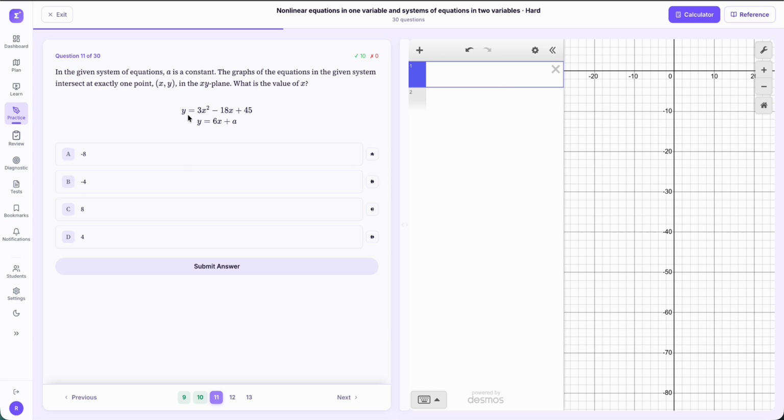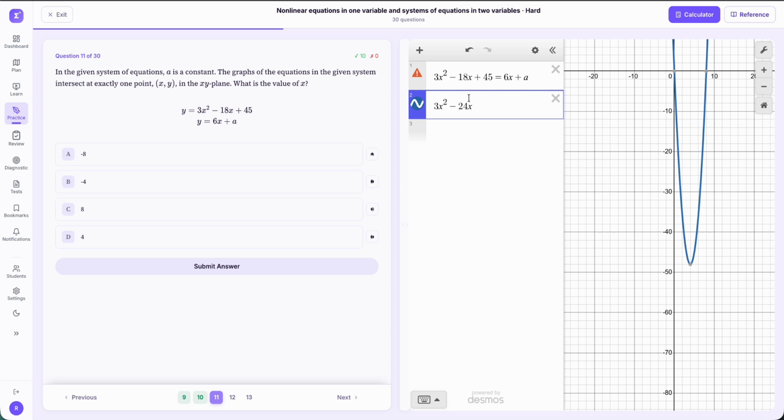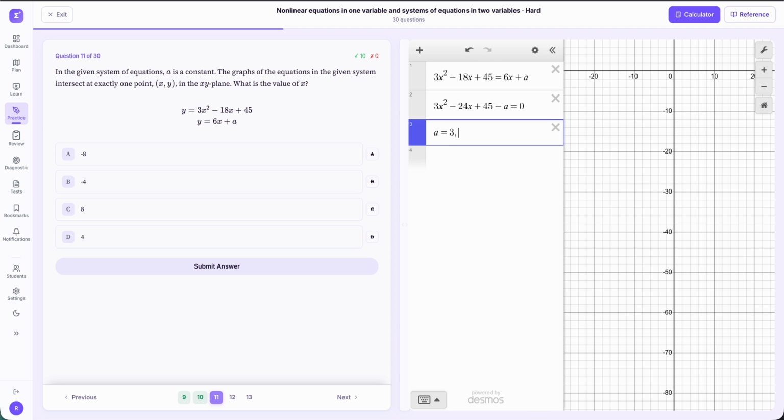Because it's a system, you'd first have to set them equal to each other and then set it equal to 0. So it looks something like this. And then we set it equal to 0: 3x squared minus 24x, if I subtract 6x, and then plus 44 minus a equals 0. So a is 3, b is negative 24, c is 45 minus a, right?